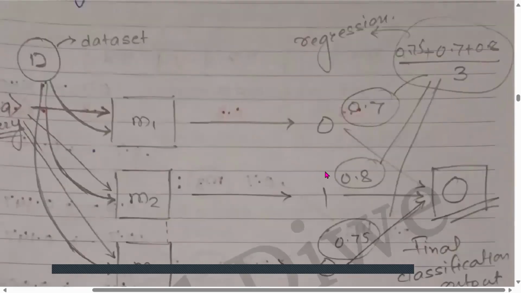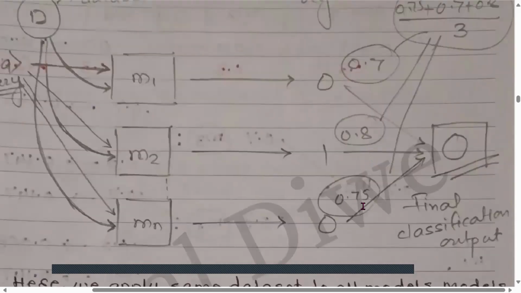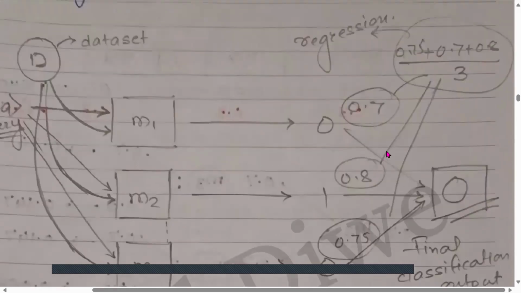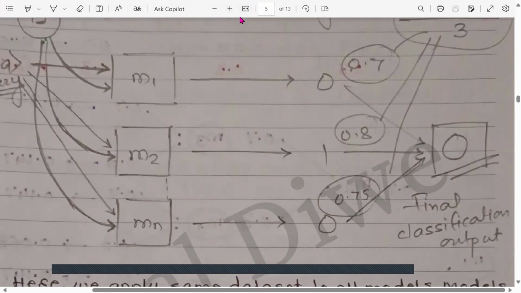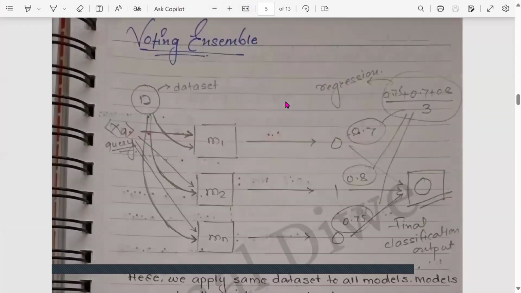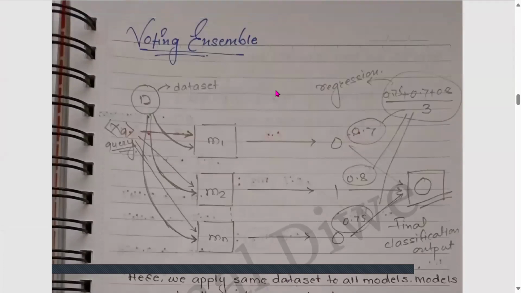If the same problem belonged to regression, the outputs of the individual models would be like 0.7, 0.8, 0.75, and to get the final output we take the average of these, and whatever it comes to becomes our answer. Are you getting this? This is how it is working.